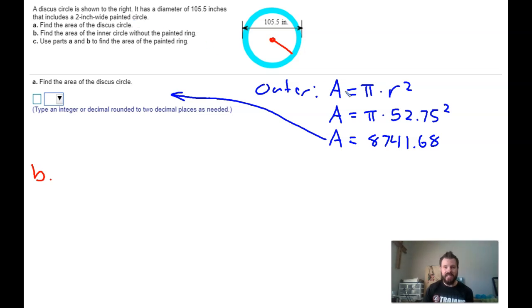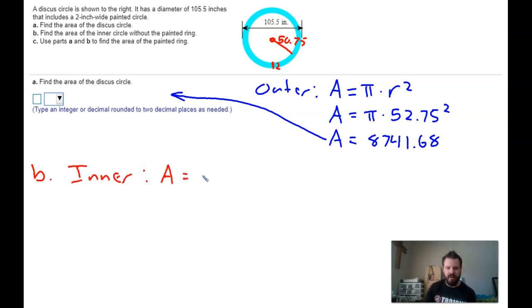So basically, if I take this 52.75 and subtract 2 from it, I get a 50.75. That's going to be my radius for the inner circle. And again, I know that because this distance right here, they just said is 2. So the entire way out to the end would be the 52.75. If I take 2 away, I get the 50.75.